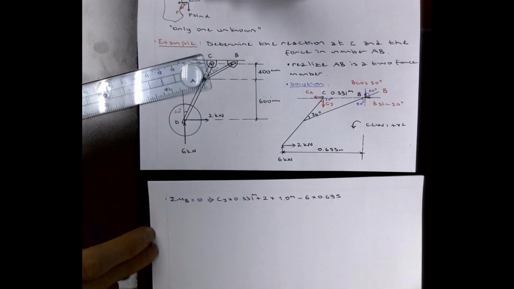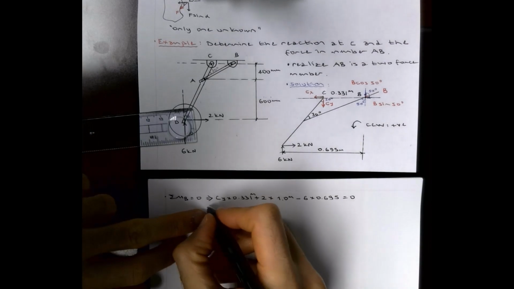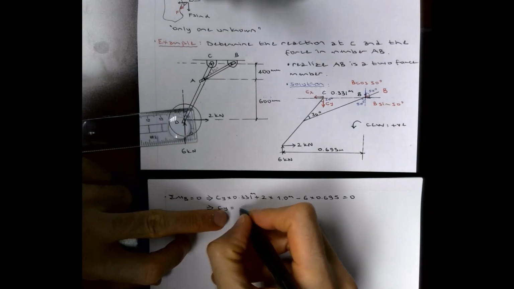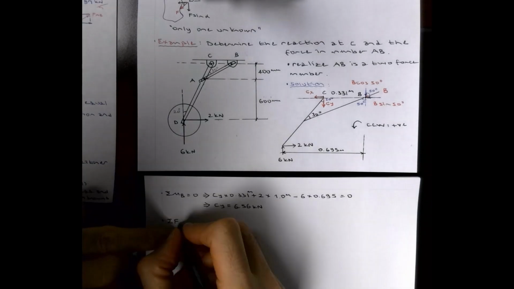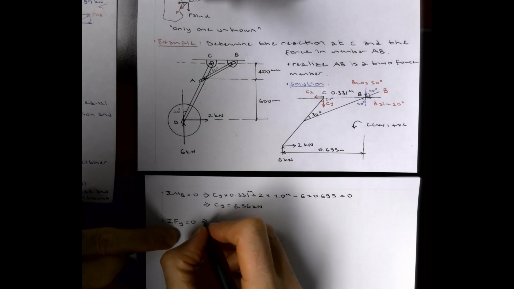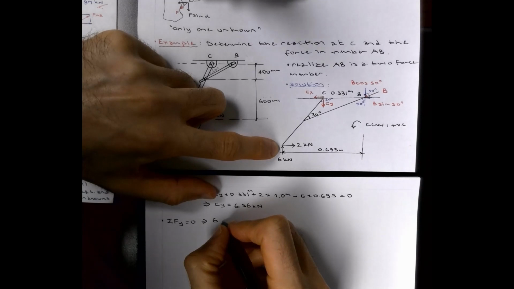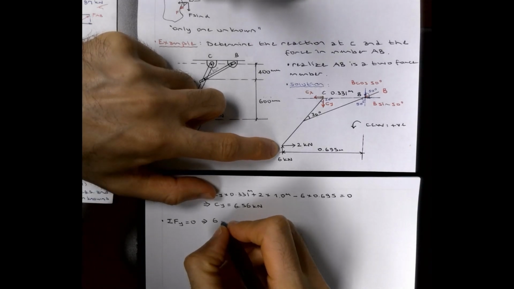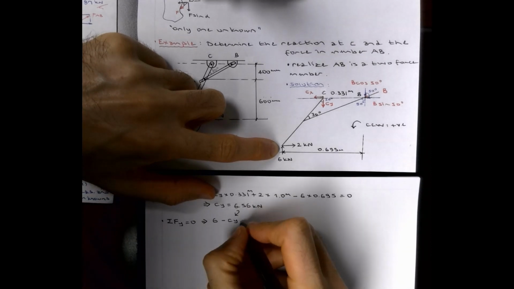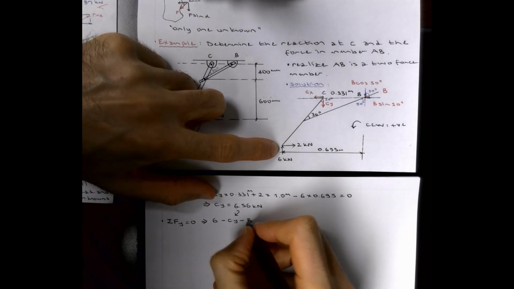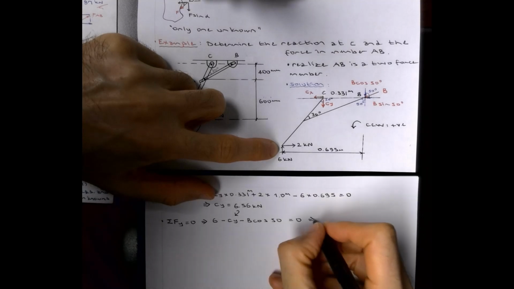So that is the moment equilibrium, and then from this you would find Cy to be 6.56 kilonewtons. Let's do Fy equal to 0, right? So if we do that, 6 kilonewton up positive, nothing else, minus Cy, which we know, just plug that in, and minus B cosine 50 should be equal to 0, right?